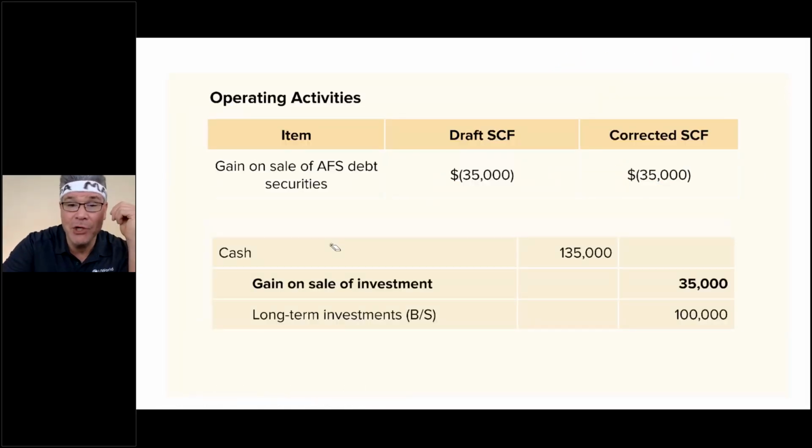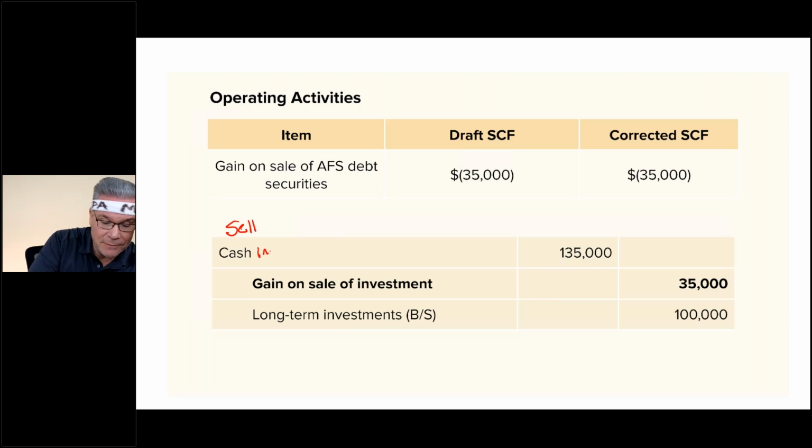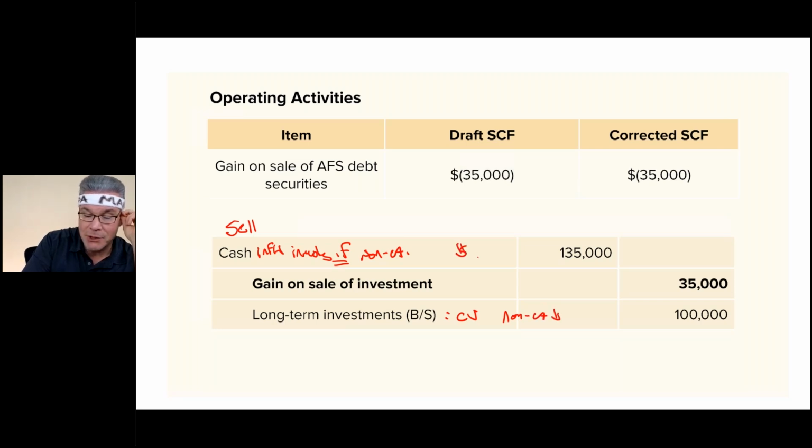And if they want the journal entry, we know how to do the journal entry. You sell securities. Okay, cash inflow, investing. If it's listed as a non-current asset, all righty. Long-term investments, the carrying value, that non-current asset went down, cash went up, your plug figure, the difference between the two.